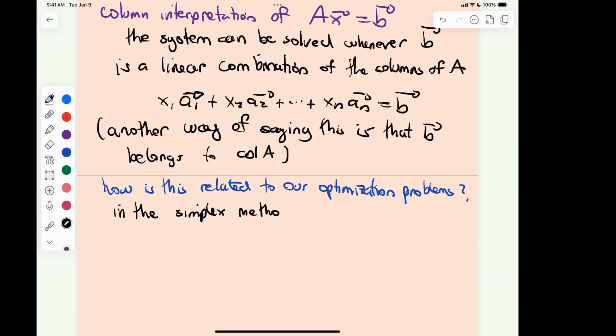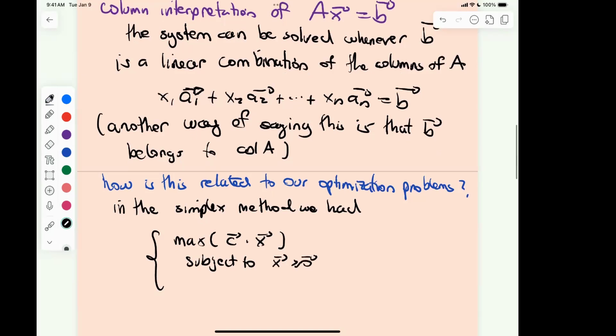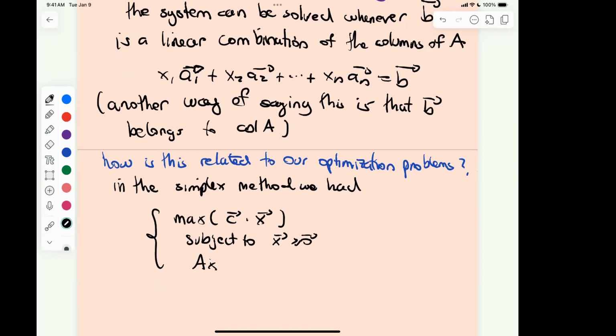we had the max of something like this, subject to x greater or equal to 0, and Ax equals b. Where here, when I write it in equation form, I mean that if necessary, you added the extra slack variables so that you could turn them into equations, right?